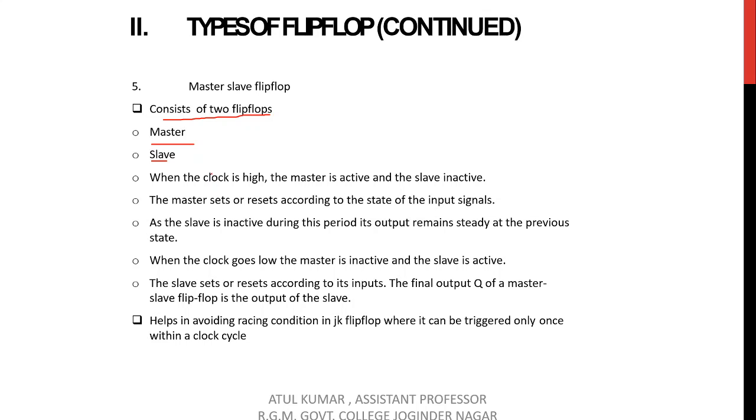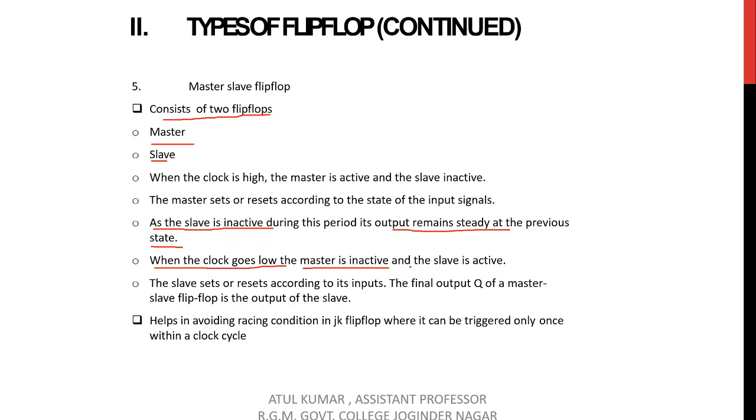When the clock is high, the master is active and the slave is inactive, and the master sets or resets according to the state of the input signals, and as the slave is inactive during this period, its output remains steady at the previous state. When the clock is high, the master works, and when the clock is low, the master is inactive.